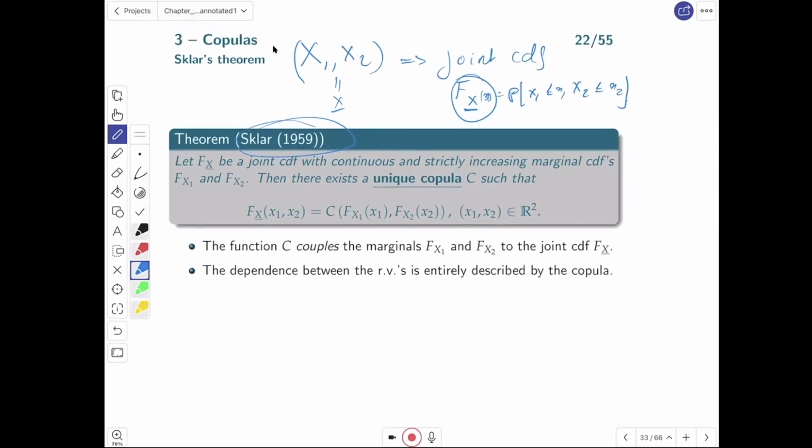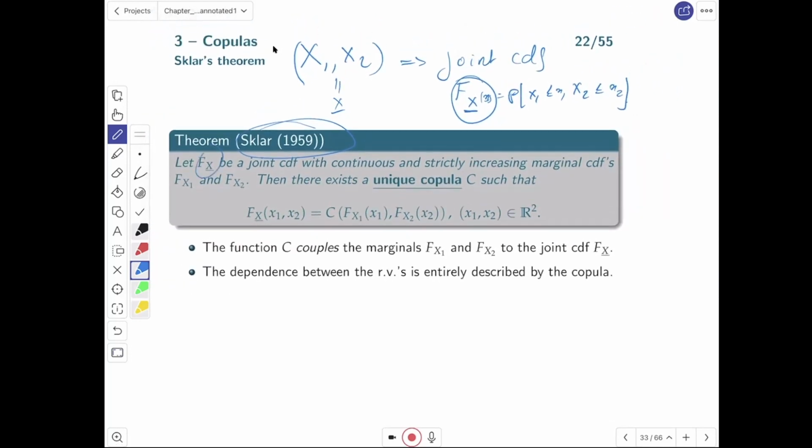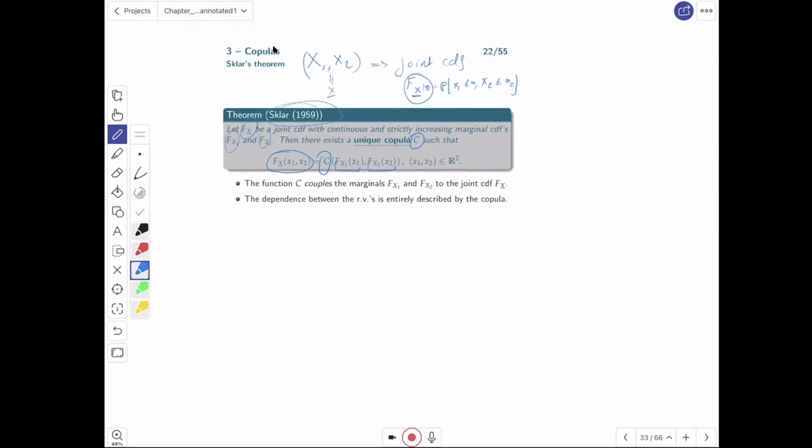Okay, then Sklar's Theorem tells you that this joint CDF can be decomposed using the marginals F_X1, F_X2, and the copula function C, meaning that this joint CDF is a copula function C applied on these two marginal probabilities. So what is Sklar's theorem telling you?